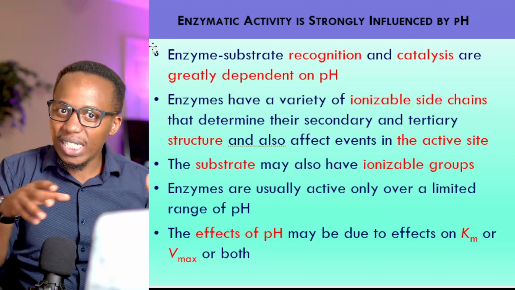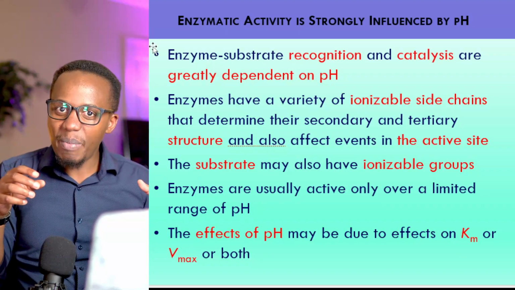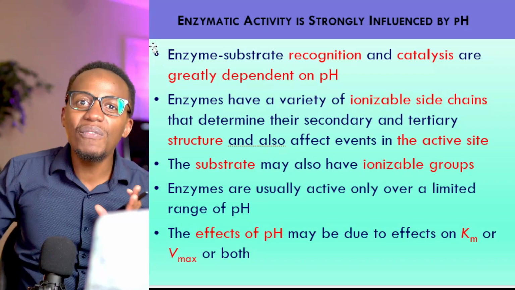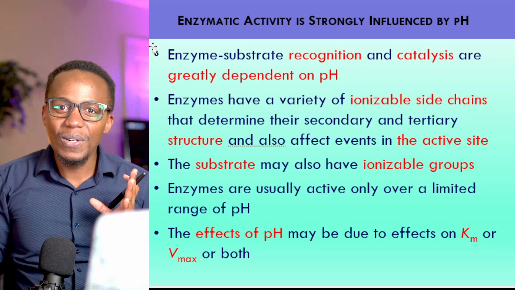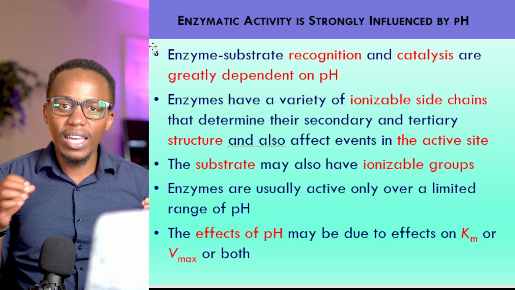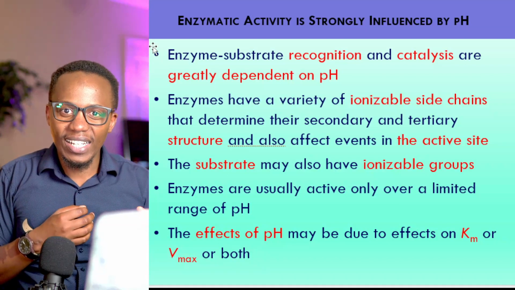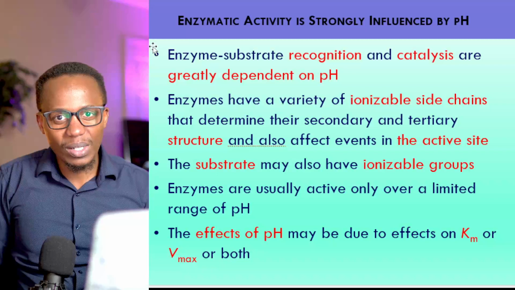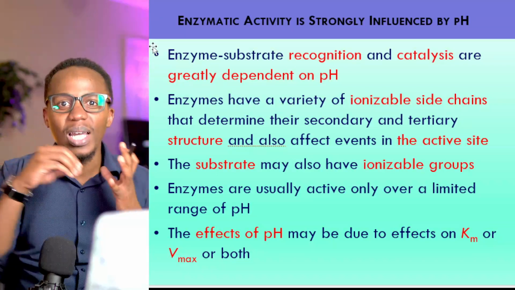They're going to change, right? If you remember, some of them are going to be deprotonated if we go above their pKa's, right? So if, for example, it was a group that's acidic, and then it's deprotonated, now it's no longer acidic, is it? So it's not going to bind to that substrate.